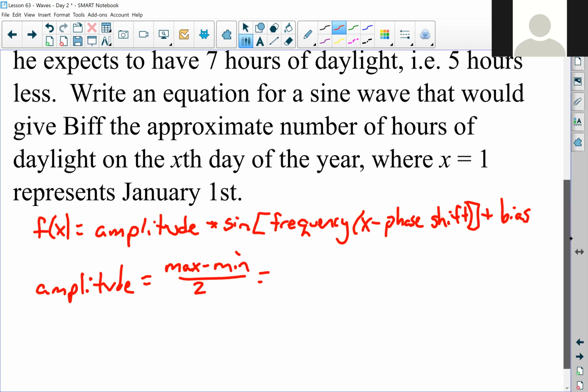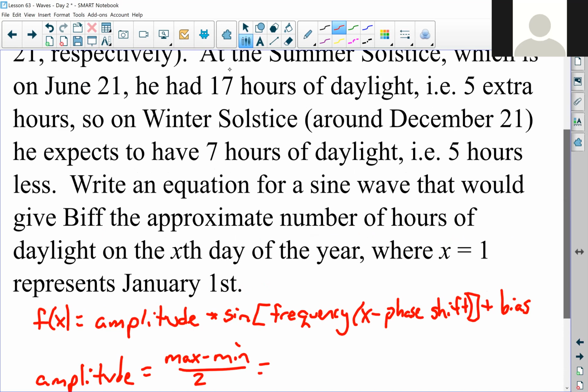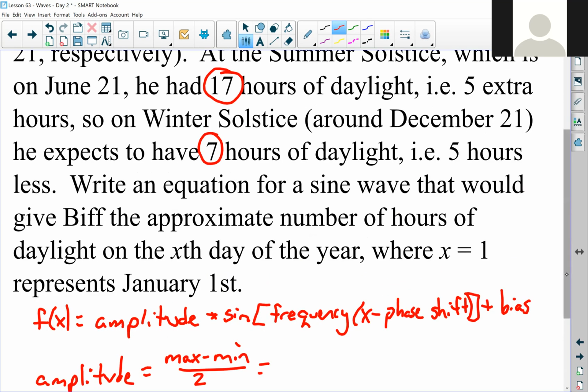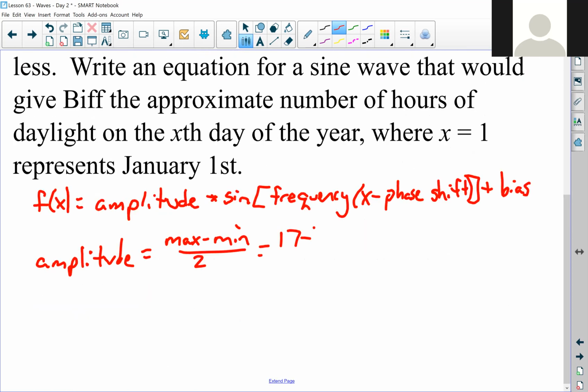In this case, our maximum hours of daylight occur at the summer solstice, and our minimum occurs at the winter solstice. So we're going to take 17 minus 7 and divide by 2.